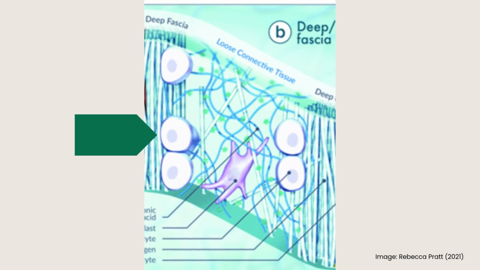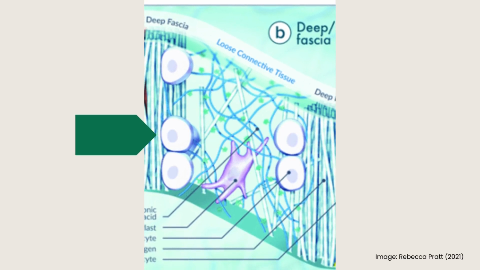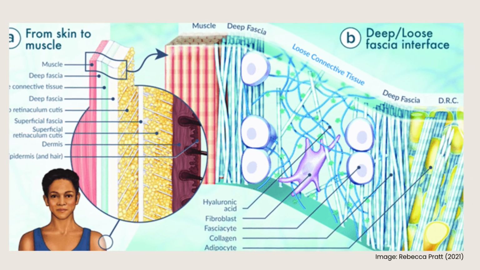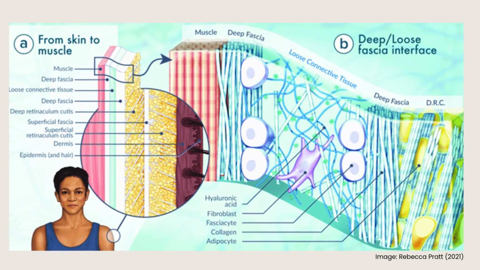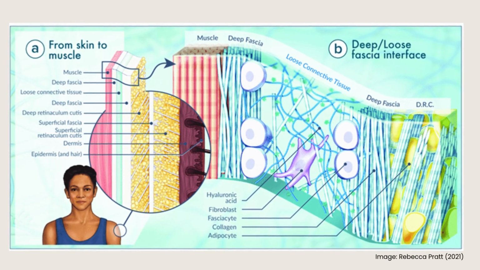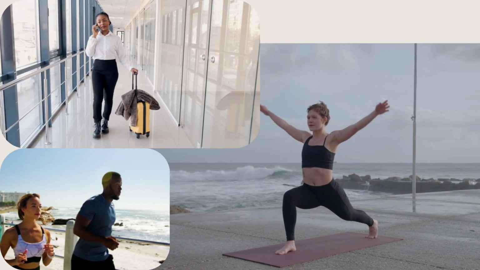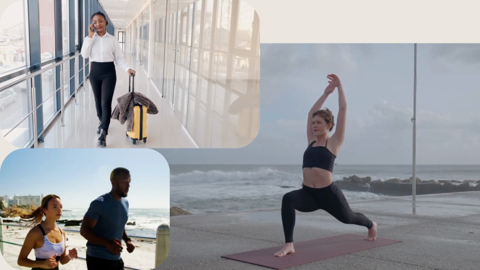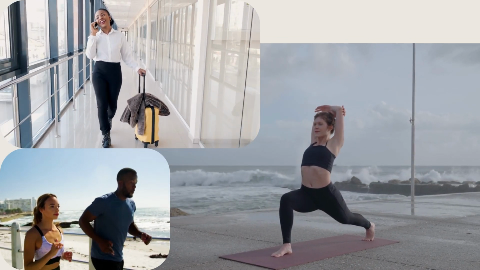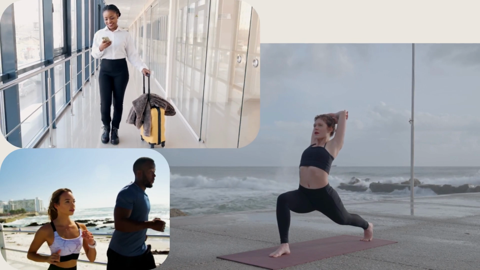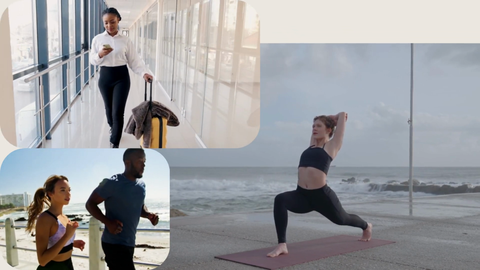Within the aponeurotic layer are specialized cells called fasciocytes that produce hyaluronan to support gliding. The combination of these components allows force to be transmitted between muscles and across joints. Deep aponeurotic fascia affects force transmission across multiple muscles and movement coordination.